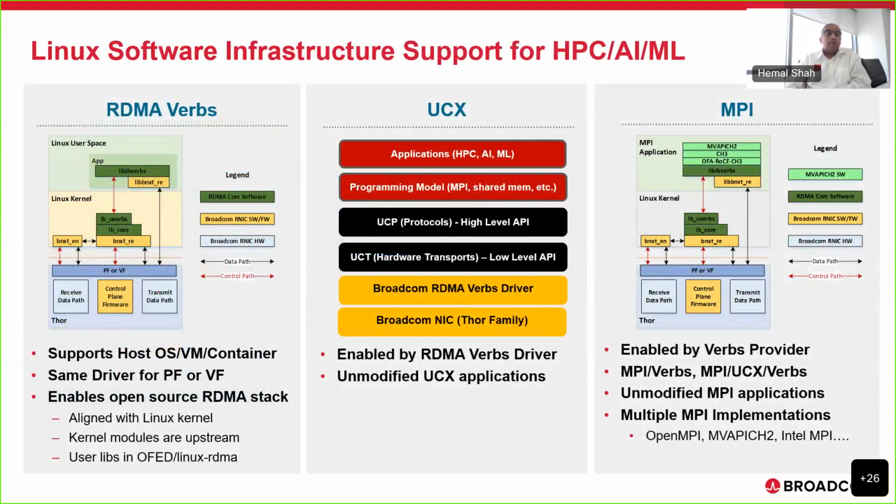User library is part of the Linux RDMA project. The other important framework here, which we have seen widely used, is UCX, which is richer in terms of providing higher level programming model where applications or libraries can use things like collectives, higher level messaging semantics.